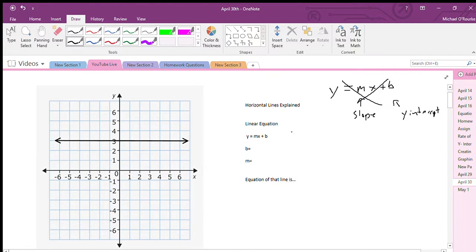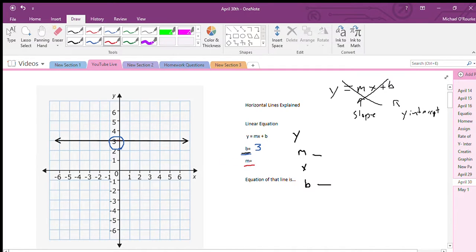So in our equation, we have a y, an m, x, and a b. And we're looking to fill in these two, correct? So let's fill them in. So the y-intercept here is 3. That's where it crosses the y-axis. So we're good there. Now, let's figure out the slope.